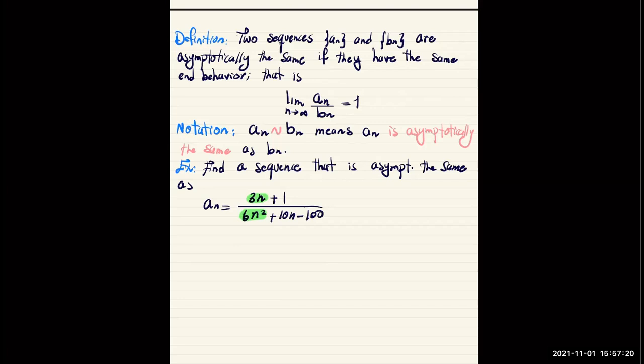So we say that this is asymptotically the same as the ratio of 3n to 6n squared. Reduce that, you get 1 over 2n, and that is your sequence b sub n.